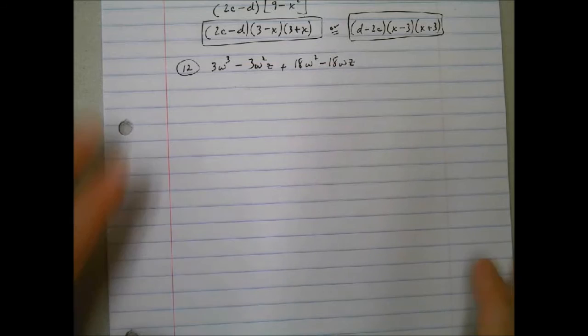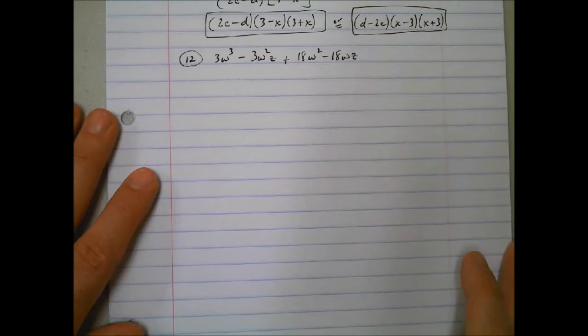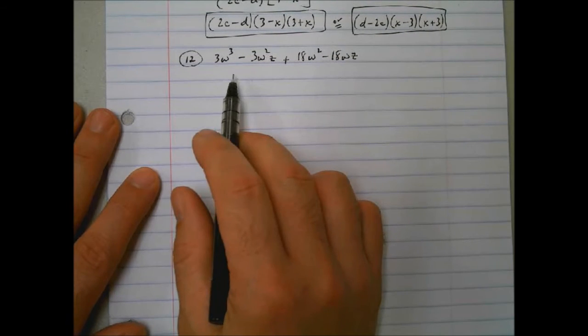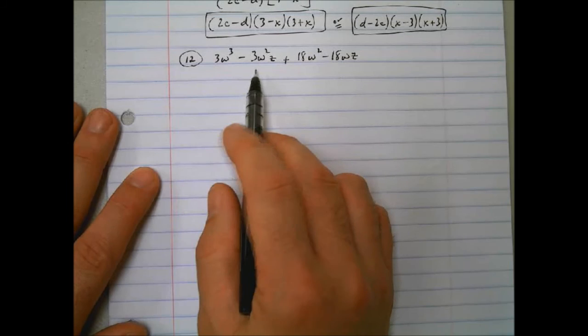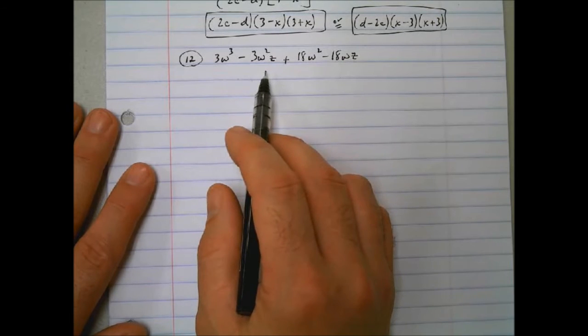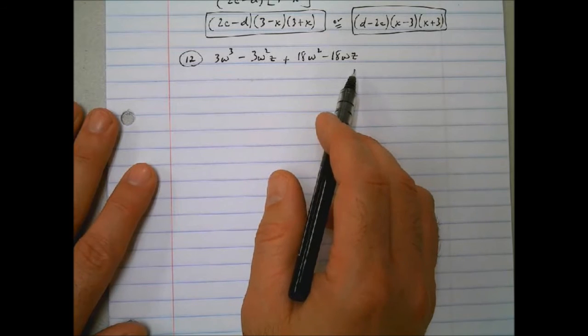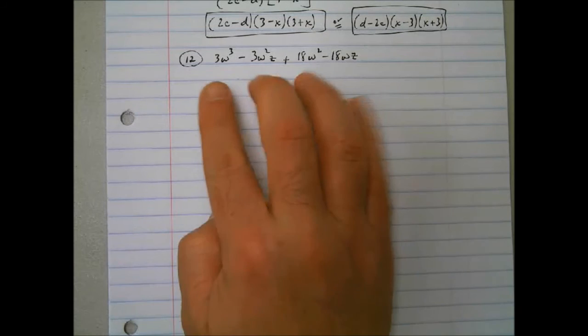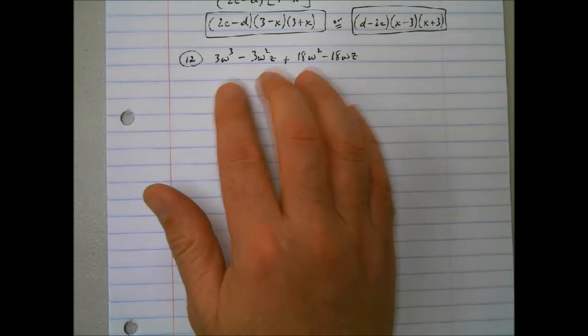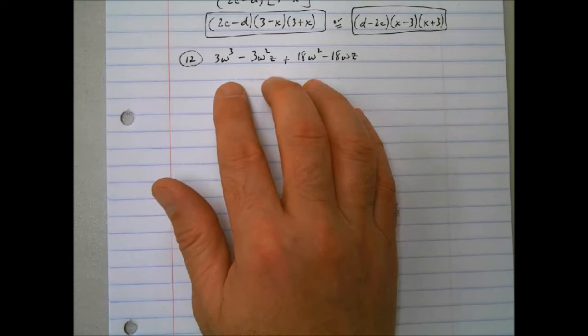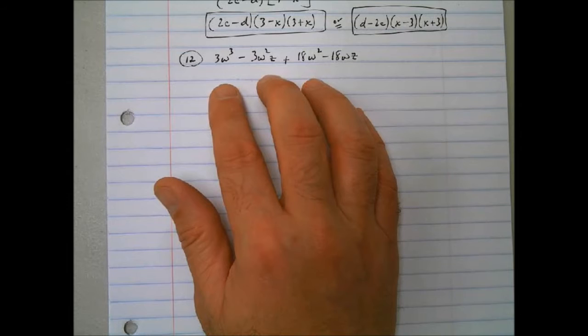Okay, let's try problem number 12 now. Problem number 12, you've got 3w cubed minus 3w squared z plus 18w squared minus 18wz. Now, since there are 4 terms, a lot of times when we see 4 terms, we immediately jump to the grouping type of factoring.